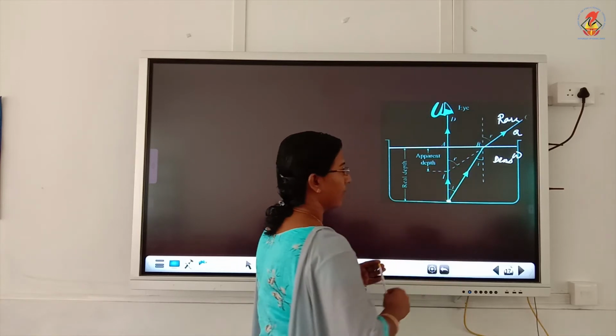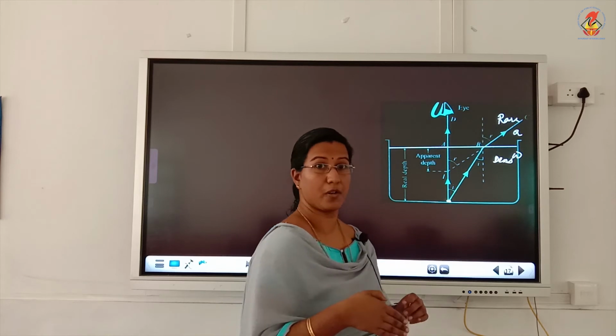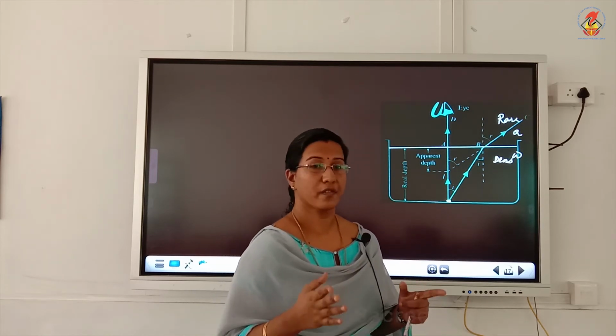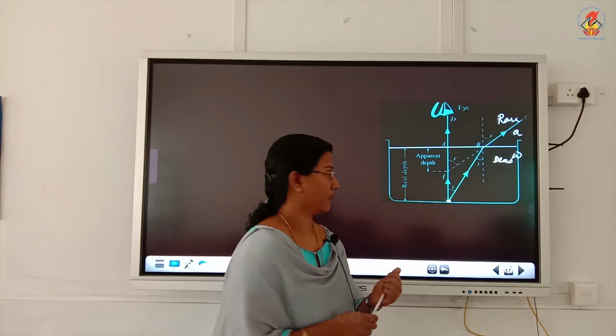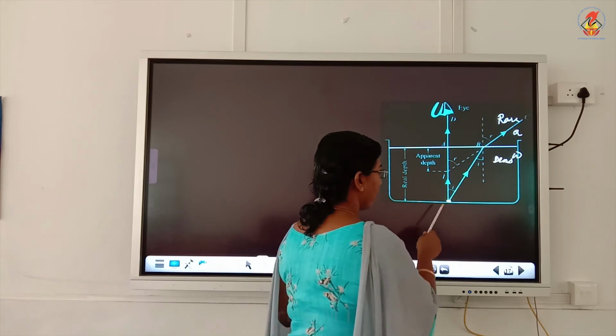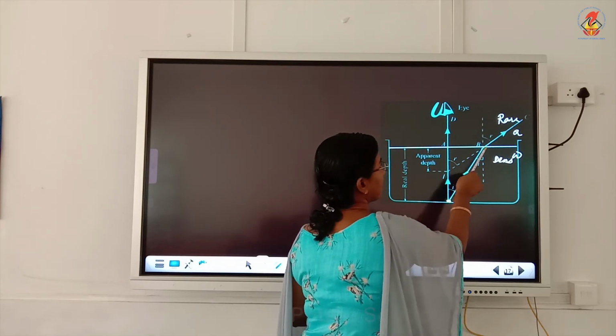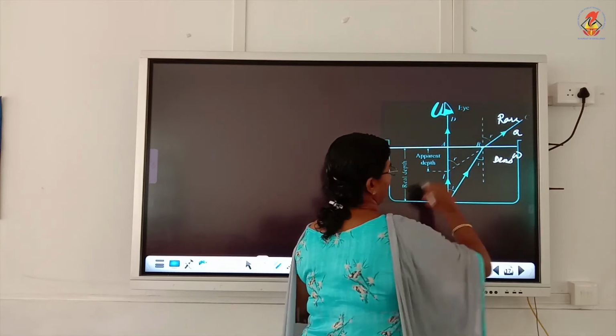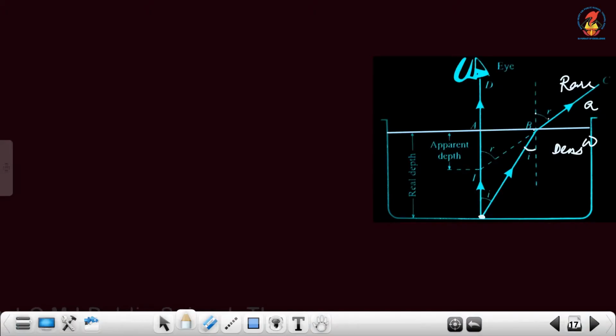If a ray hits the surface perpendicularly, it will remain undeviated; there won't be any refraction. So the ray will directly reach the person's eye. And a ray from the object which is incident on the surface obliquely, at an angle, gets refracted. So this is the angle of incidence, this is the angle of refraction.